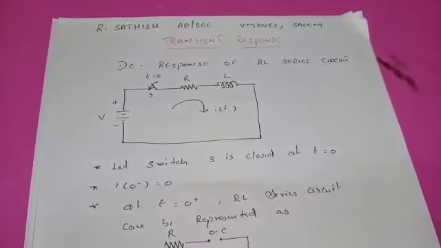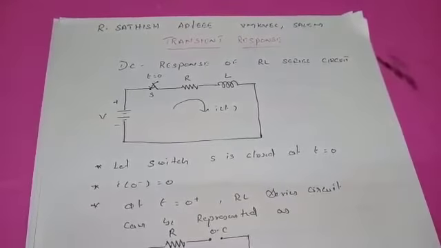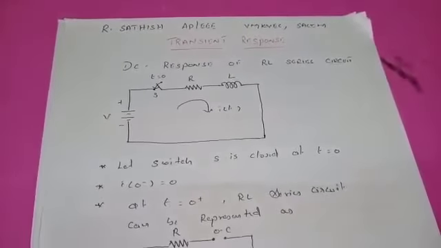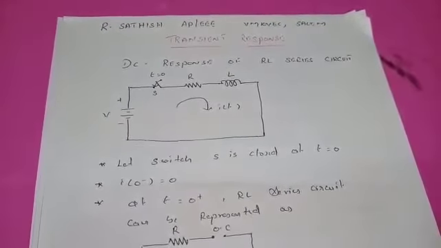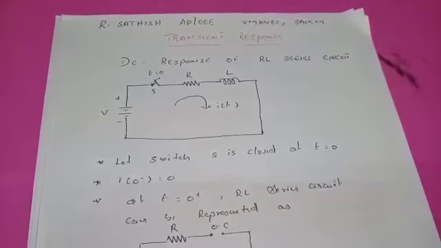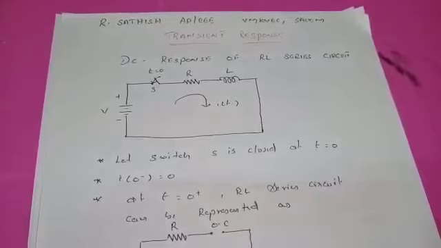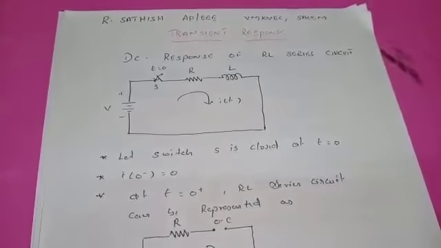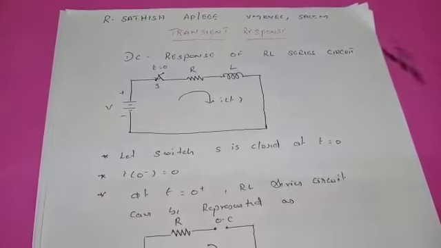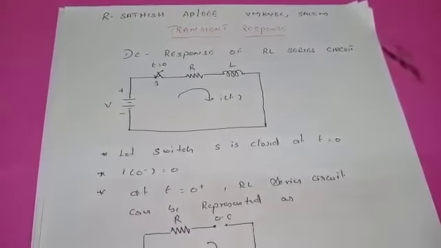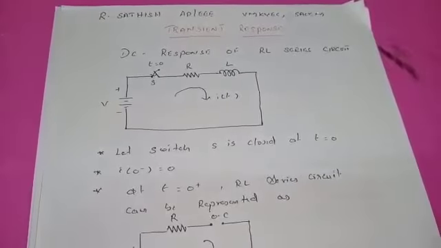Here we are going to see the response when the switch is closed and when the switch is open. When the switch is open, there is no current flowing, so there is no response. When the switch is closed, the current starts flowing in the resistor but not in the inductor.